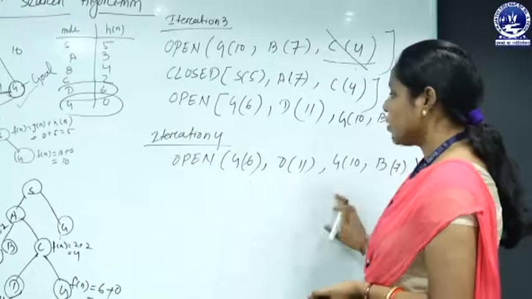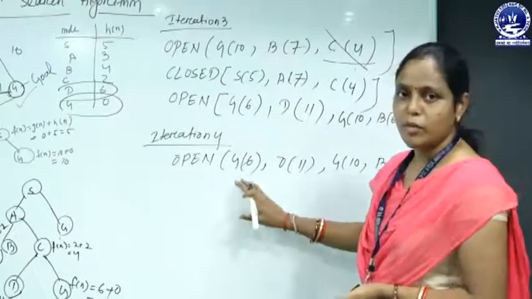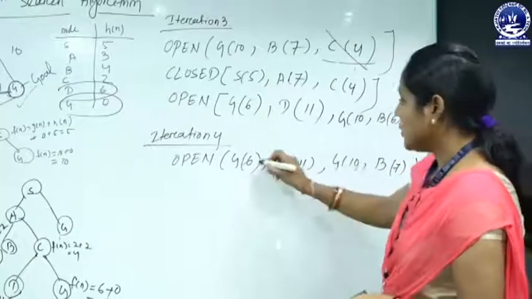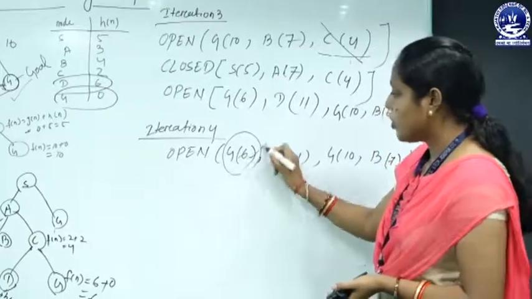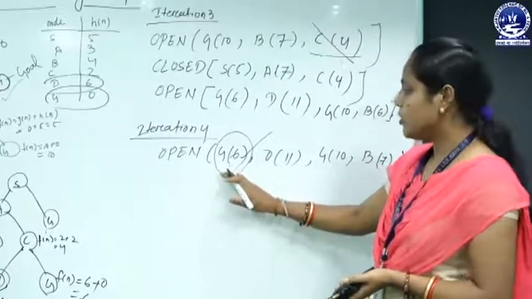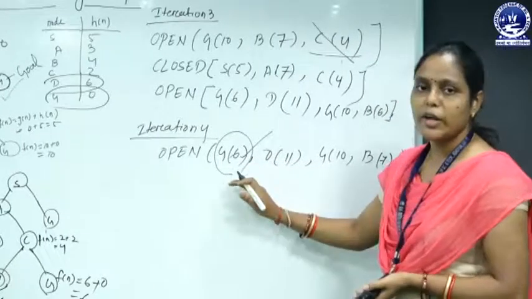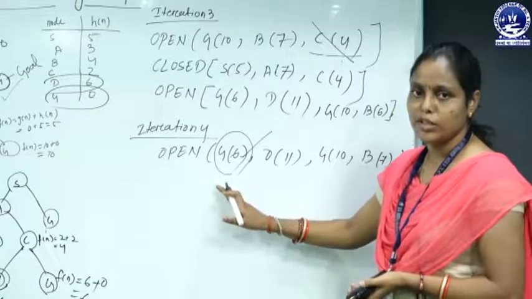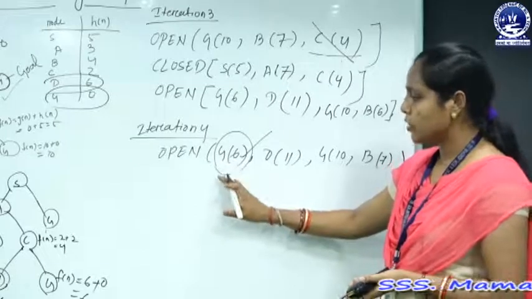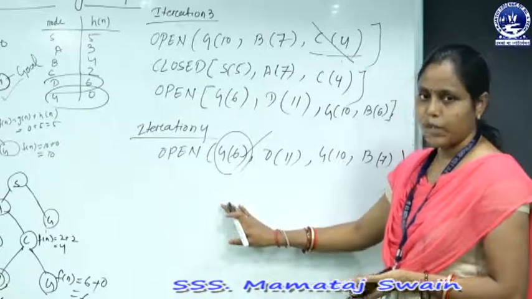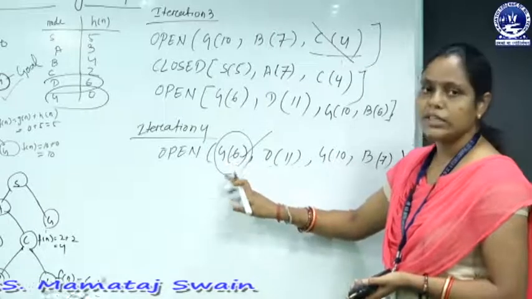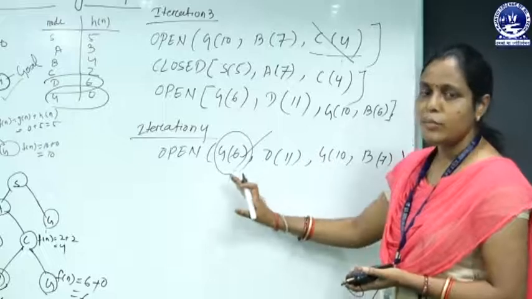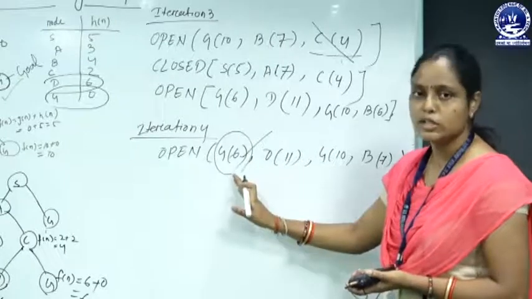From these nodes we have to select the minimum cost evaluation function value node. Now here check this node G, which has the evaluation function value 6, that is the minimum cost evaluation function value. That means here we select the node G and check whether this node is your goal node or not. Here this node G is your goal node. That means our algorithm stops and returns the path from the starting node to this node G.